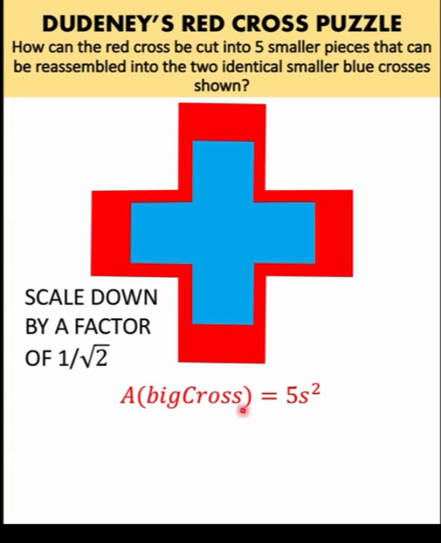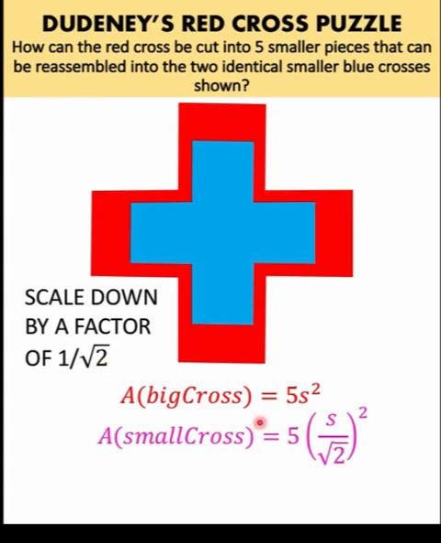So if the area of the big cross is 5s squared, then the area of the small blue cross must be 5, and we replace this s by 1 over square root of 2 times s, which is s over square root of 2, and we square.